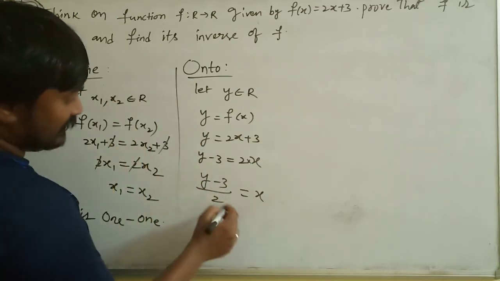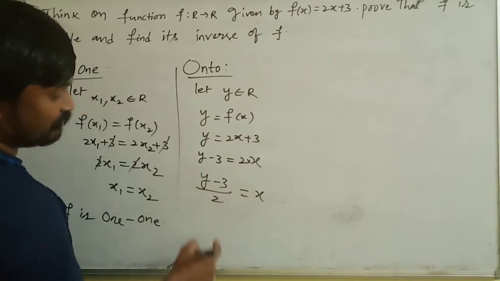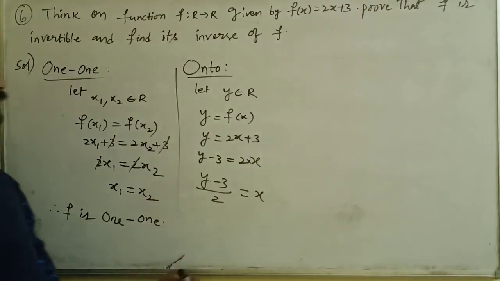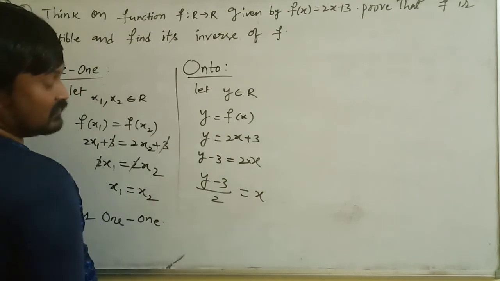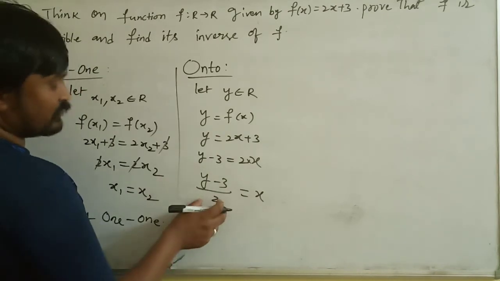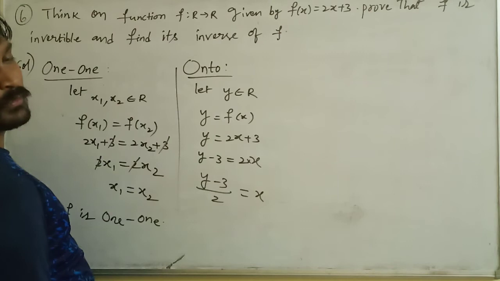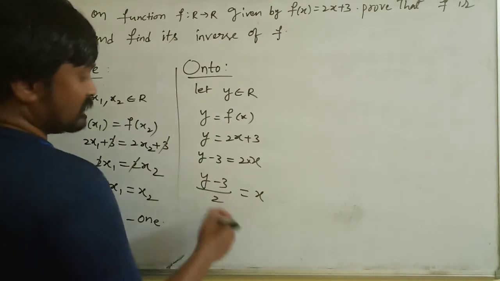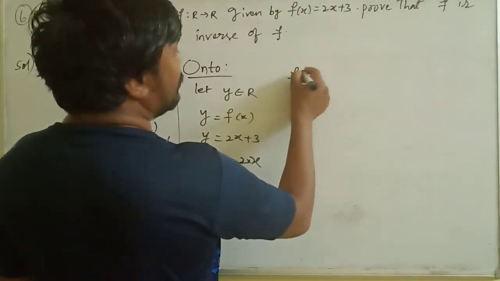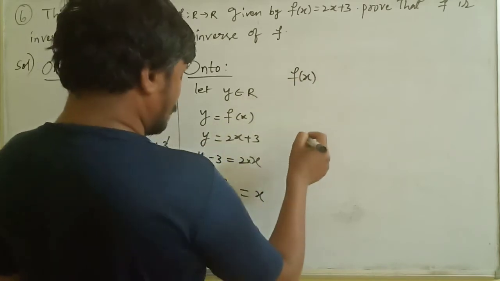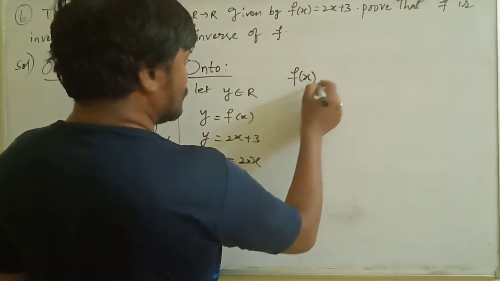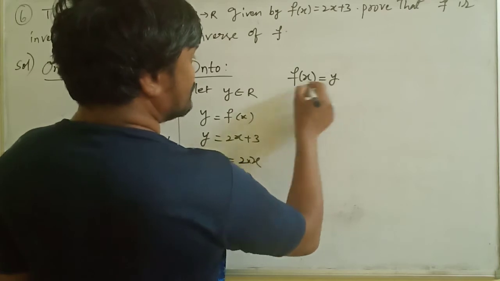So now we can write here, this y belongs to R. So then x also belongs to R. Just substitute this in that place, then you prove that f of x is equal to y. So how can I do? That is f of x is equal to y, this I need to prove.